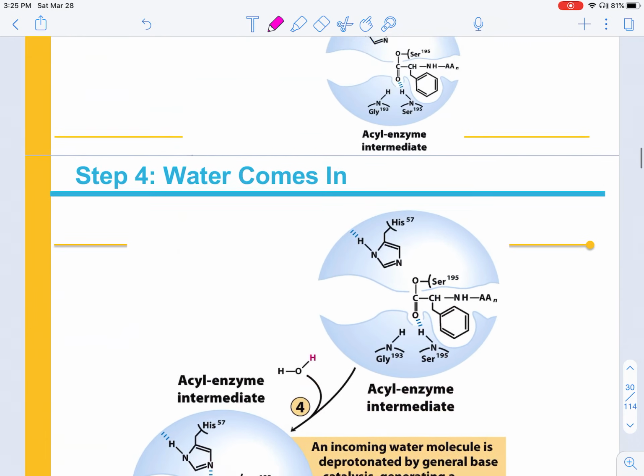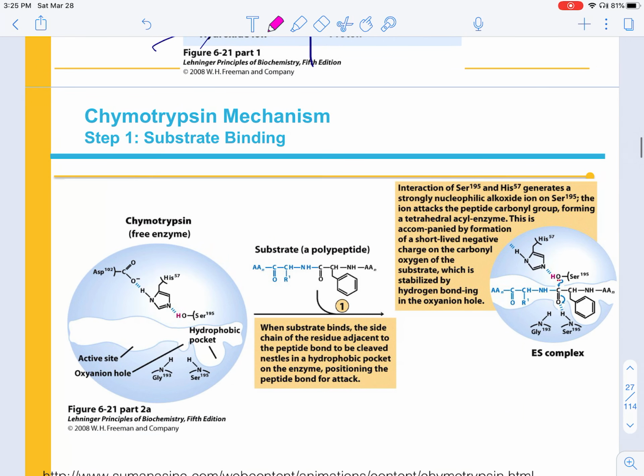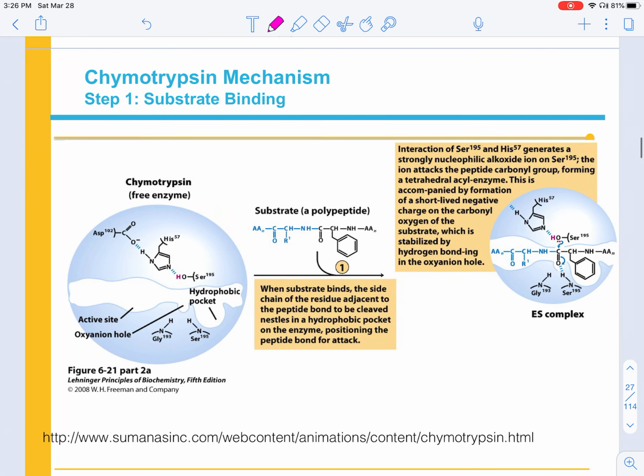Now we're going to go through each of these steps. So here we are. This is the active site of chymotrypsin. Again, aspartic acid, histidine, serine over here. The serine is going to be the nucleophile that actually attacks the peptide backbone.